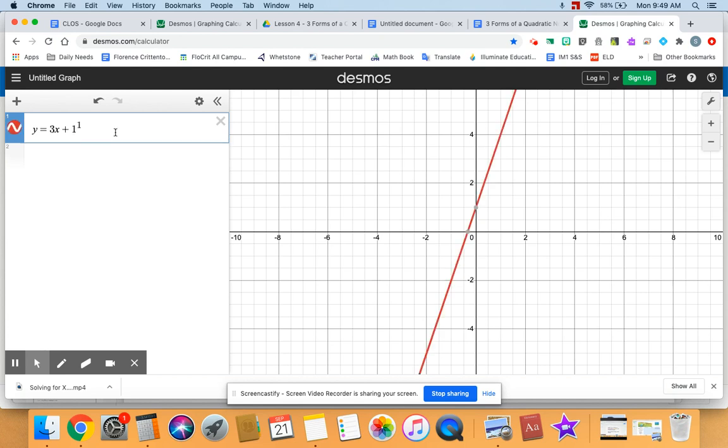Like this, it's an invisible 1 because there's one of them. See how it doesn't change the graph at all. This 3x also has an invisible exponent of 1 because there's no exponent there. So linears have x's in them, but these x's have the exponent of 1, or you could almost say no exponent. It just is there by itself.